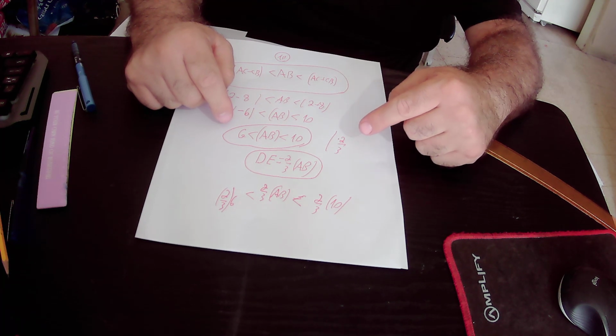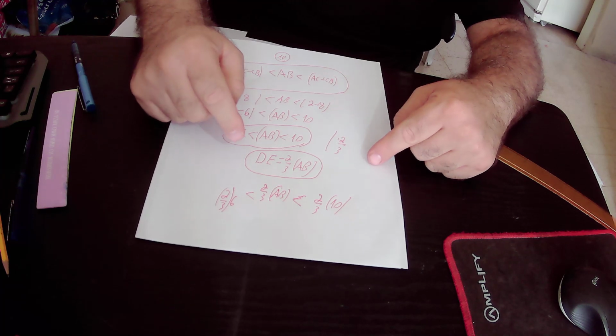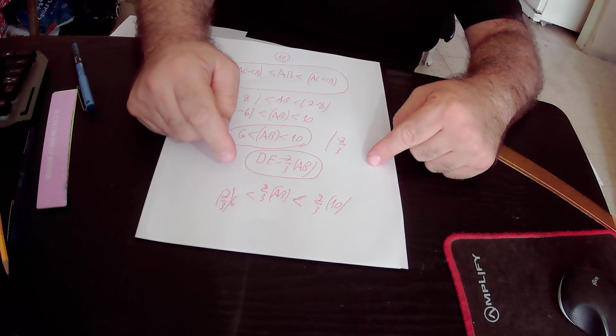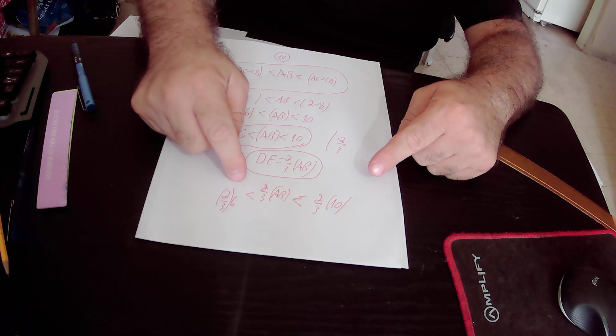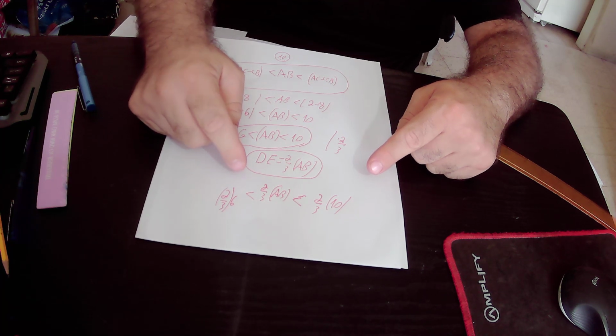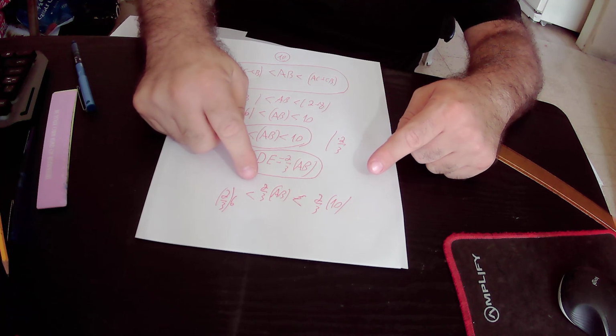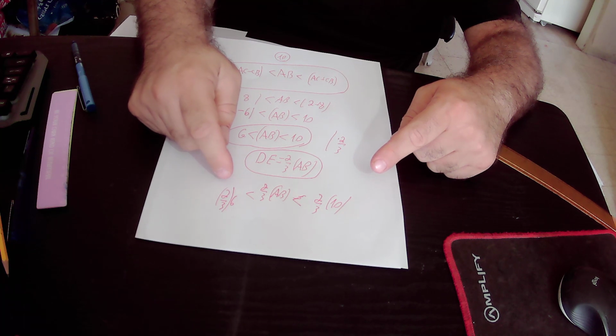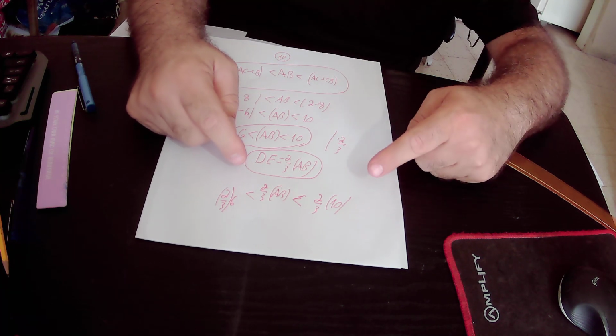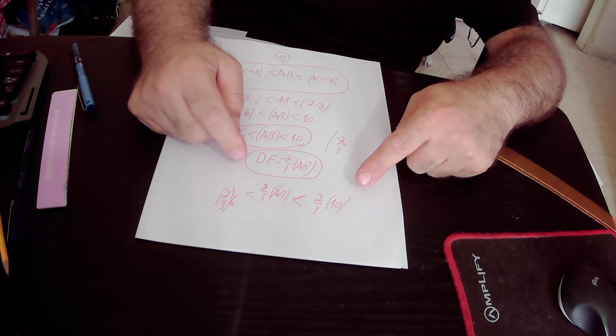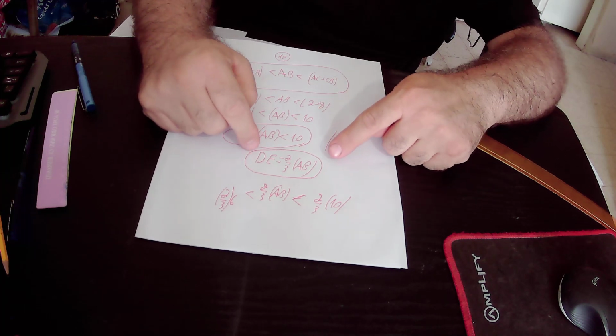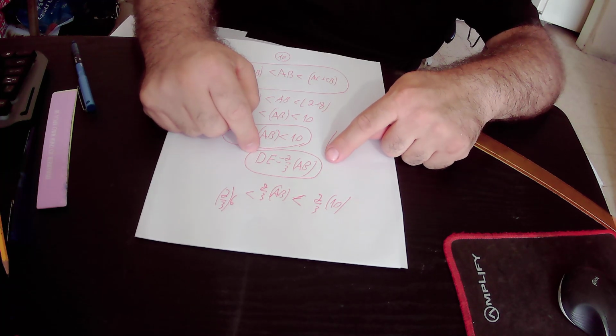And we will get that 2/3 AB will be greater than 2/3 times 6, and it will be smaller than 2/3 times 10. And we also know that DE equals 2/3 AB.